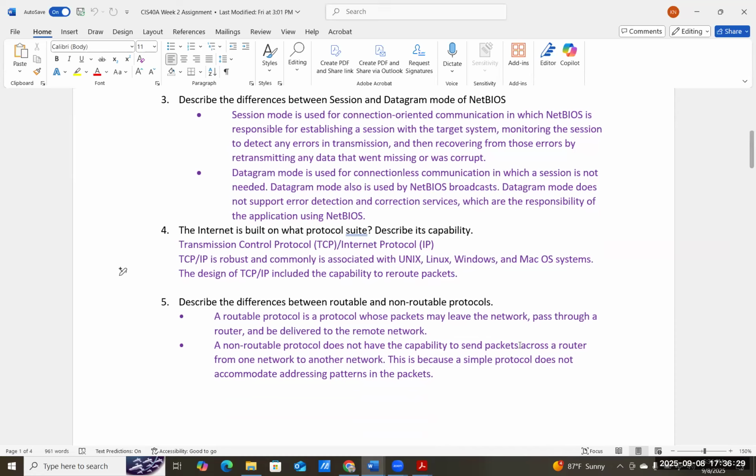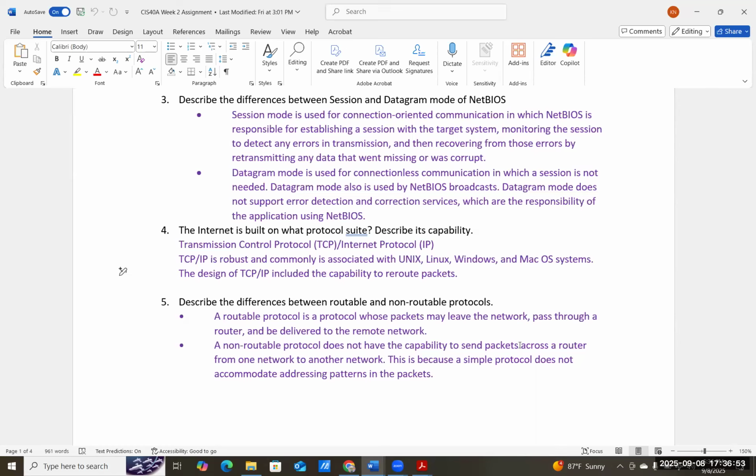So a routable protocol is one whose packets may leave the network and pass to the router, and it's delivered to the destination network. This is how you're able to get your websites, access web applications, download files.